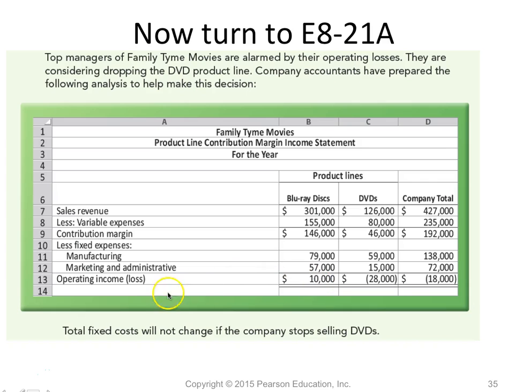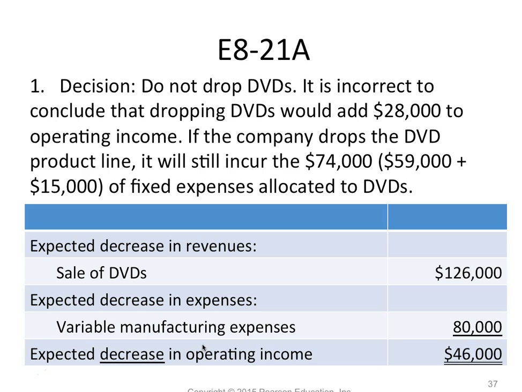But look here, total fixed cost will not change. So that's not true here. Sales of DVD is 128. If the company drops the DVD line, it will still incur $74,000 of fixed expense allocated to DVD. So we're still going to have to pay for the fixed cost here.